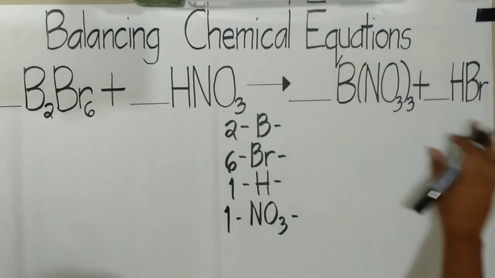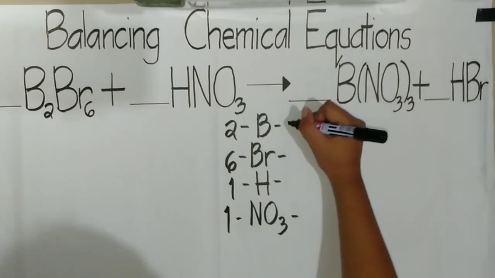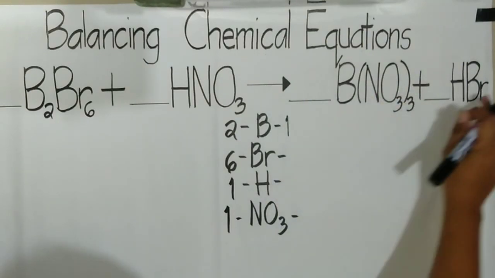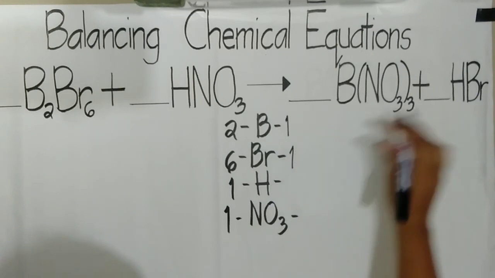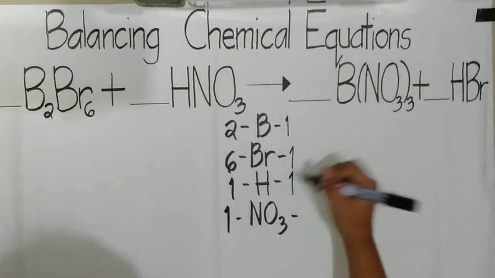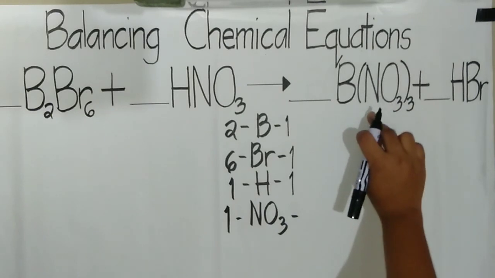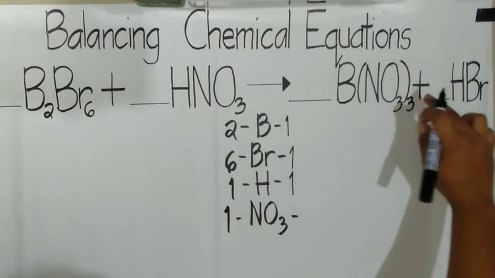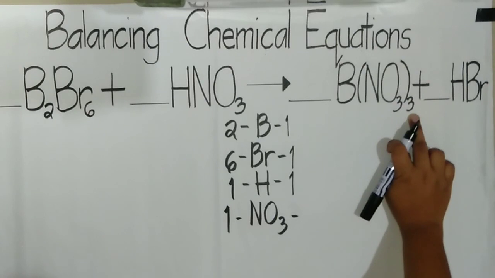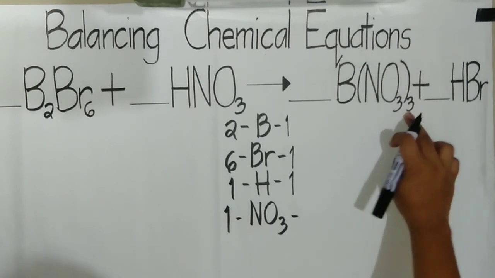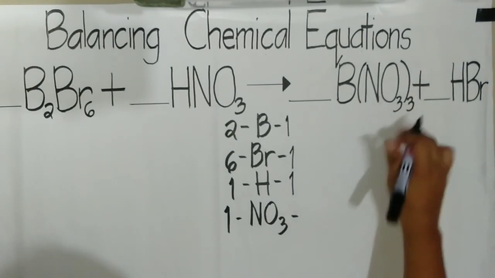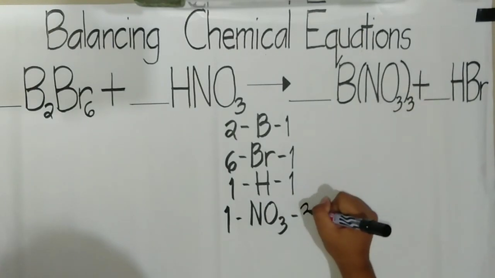On the product side, we have boron 1, bromine 1, hydrogen 1, and for nitrate, we have 1 nitrate here, so we are going to multiply it by 3, which is the subscript. So it would be 1 times 3, which is 3.